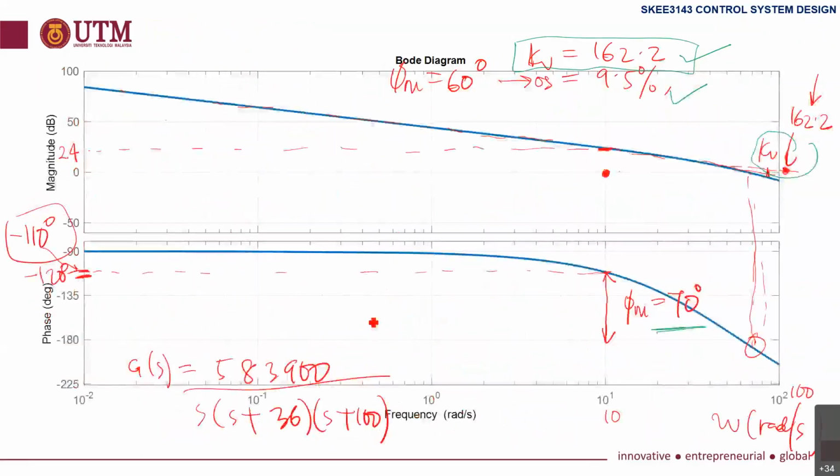I want to show here first. So how can we make sure it is 0 dB here?